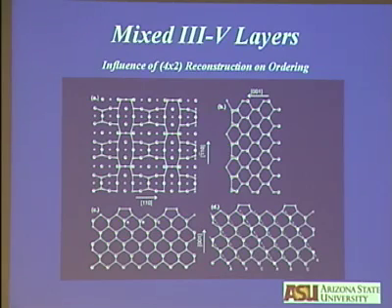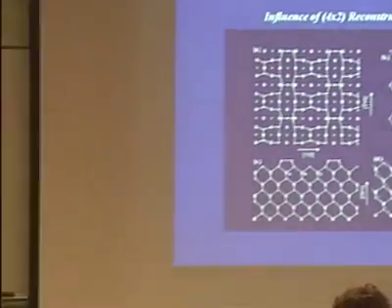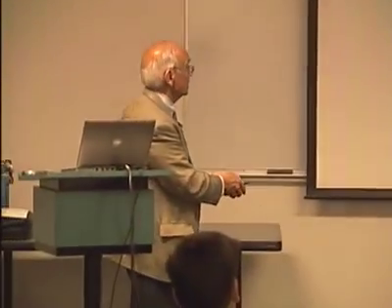Now you have compression, tension, tension, compression, and that changes the ordered structure, as shown here. So we can explain why these ordered structures occur in terms of the stresses induced by surface reconstruction. 2 by 4 leads to a double period superlattice, and 4 by 2 leads to a triple period, but you have to have a size difference in the atomic species of your materials.